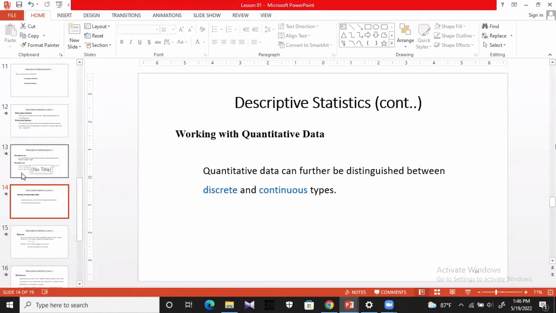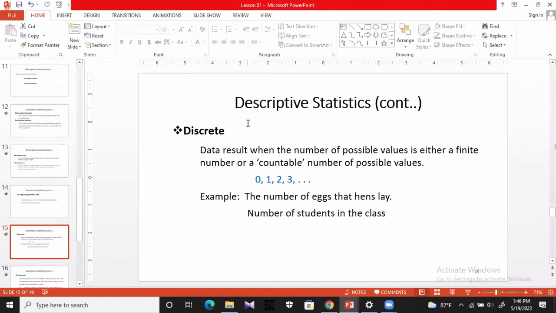If we talk about quantitative data further, it can be distinguished between discrete and continuous data. Again, right? Discrete and continuous. Now, tell me, what do you mean by discrete data? In the previous example, we tried to find the average height of a student.